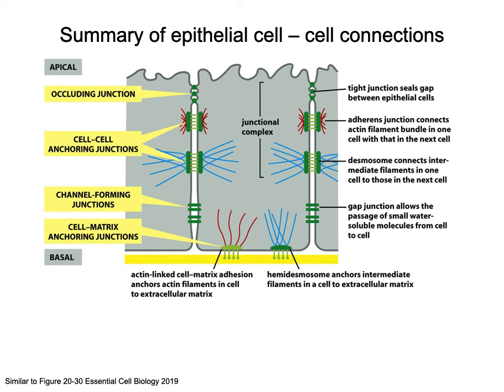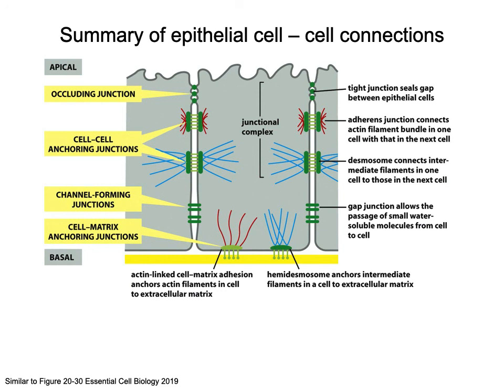Desmosomes allow the flexing of the cell, because intermediate filaments allow that flexibility against shearing force that could happen to the cell. Our adhesion junctions and desmosomes are cell-to-cell connections, so they have two sides to them.